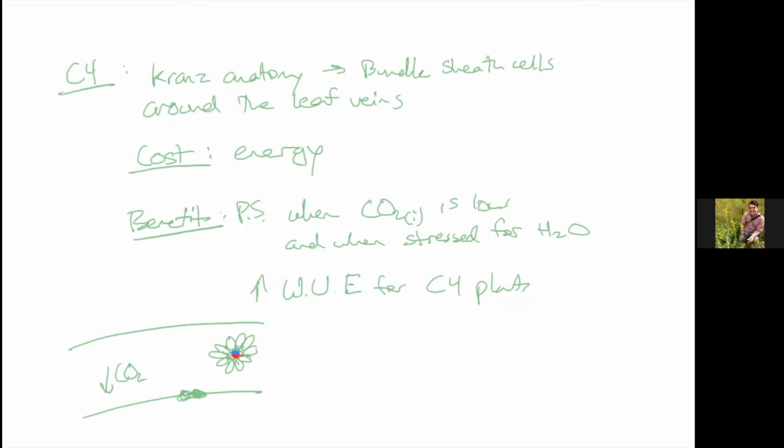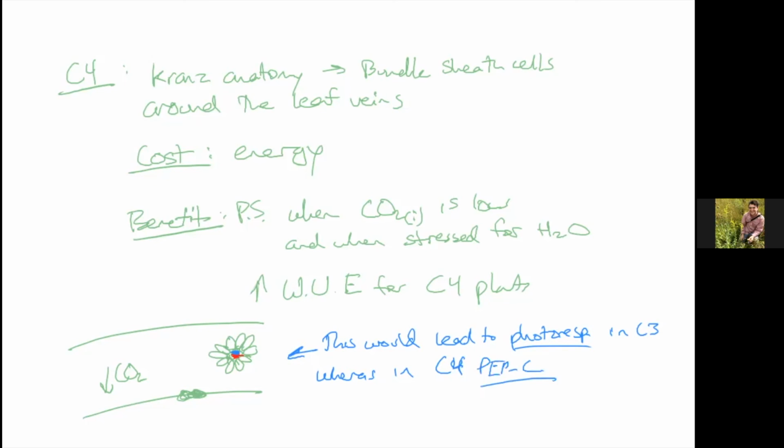Normally in a C3 plant, this scenario would lead to photorespiration. Whereas in a C4 plant, PEP-C comes to the rescue and saves the day and allows the plant to continue being productive, even in a low carbon environment, by fixing carbon dioxide in the normal leaf mesophyll cells.